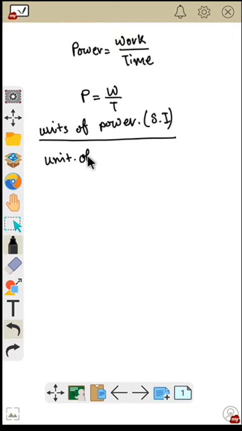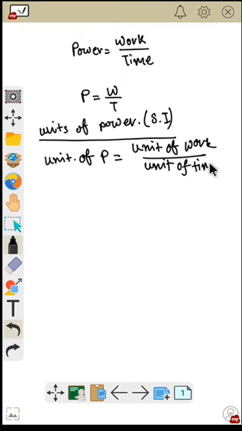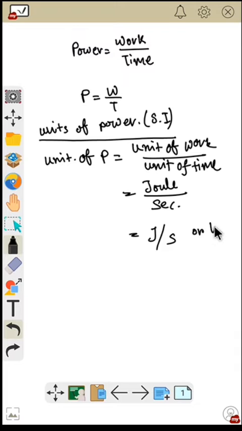Unit of power is equals to obviously unit of work divided by unit of time. Now unit of work in SI, that is joule, and unit of time, that is second. So joule per second is the unit of power, or you can say watt.